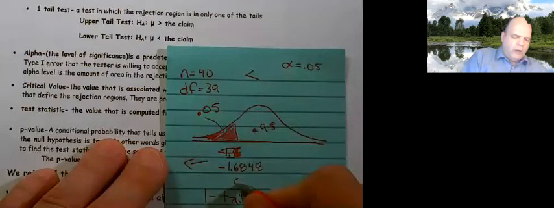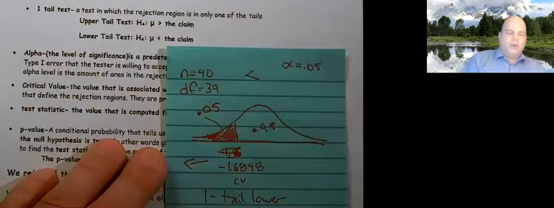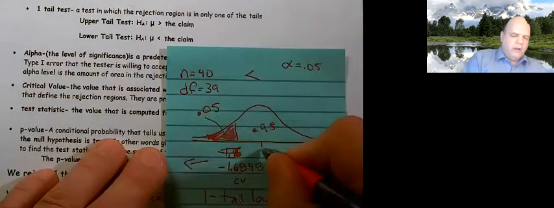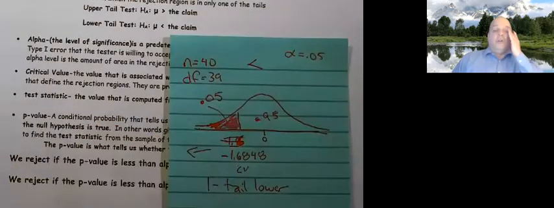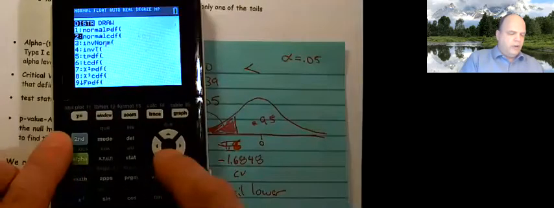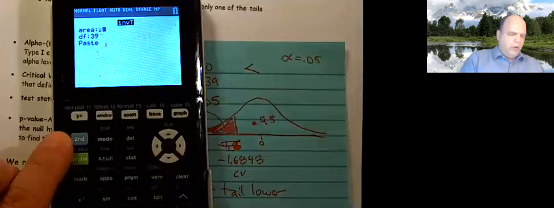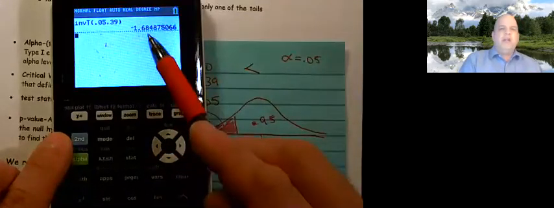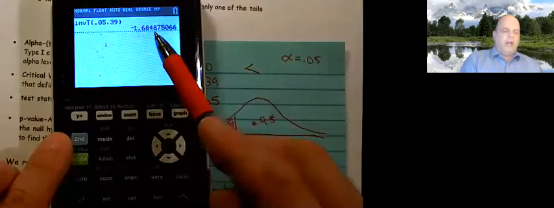Our critical value is set here at negative 1.6848, and we're centered at 0 because we're working with a t distribution. And once again, this just came by second vars, inverse t, 0.05, and I end up getting negative 1.6848.